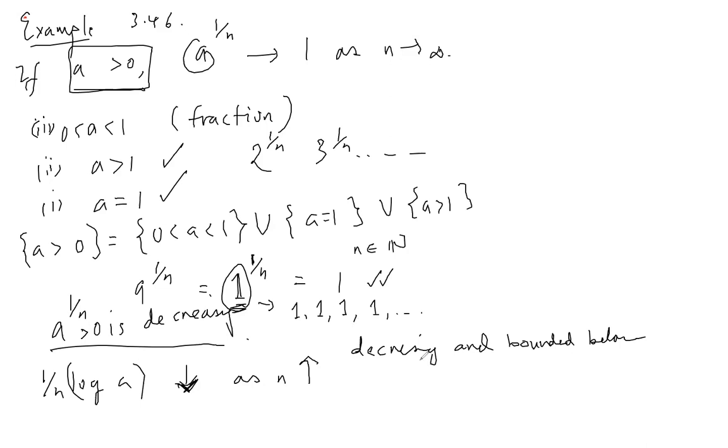So therefore, by the monotone convergence theorem, this exists, okay? A finite limit exists. All right. Now, if it exists, then we need to find it, okay? So let's try to find it.